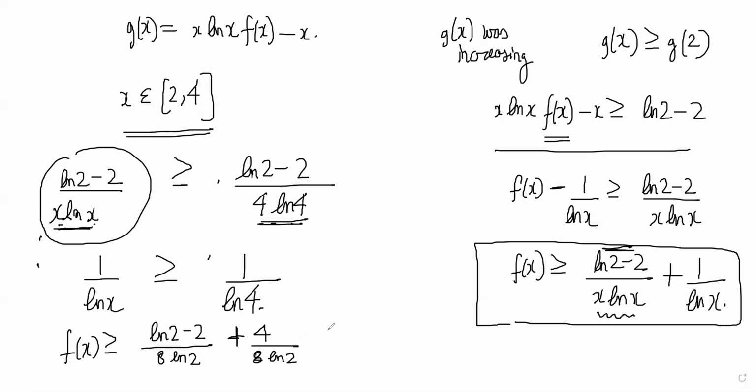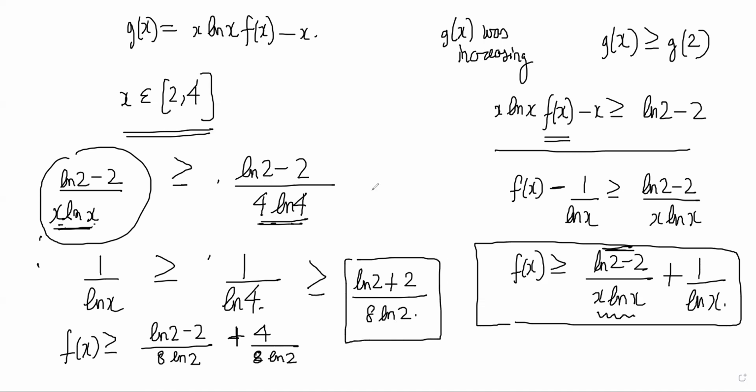So when you add, it becomes ln 2 plus 2 by 8 ln 2, right? Is everyone understanding? And now you can say that this is greater than or equal to 1 by 8 plus 2 by 8 ln 2, right? So we have gotten f of x is greater than or equal to 1 by 8 for sure, right?